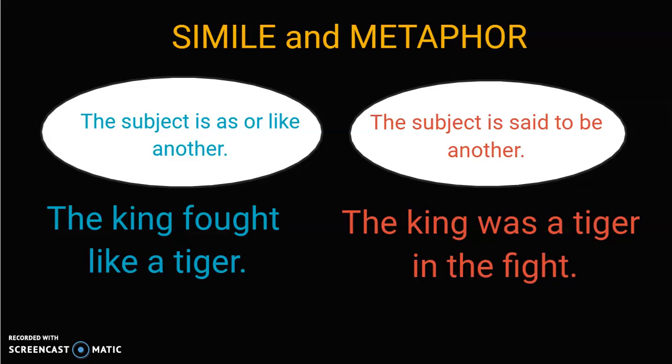Whereas in metaphor, the subject is said to be another. The king was a tiger in the fight. The king is the subject here. He is said to be a tiger in the fight. Here, like or as have not been used. Got the difference?